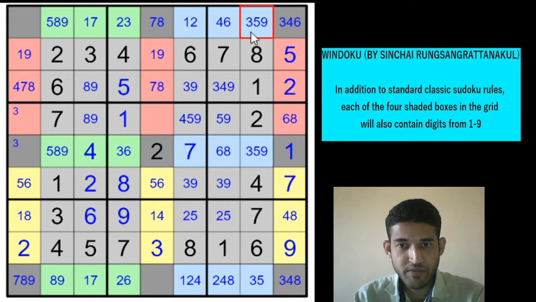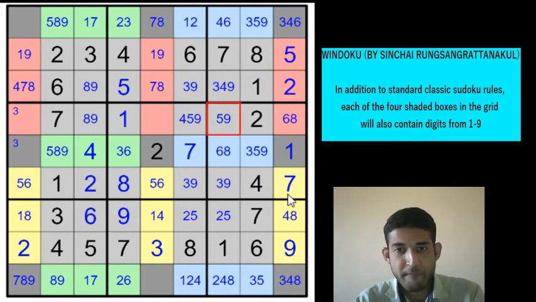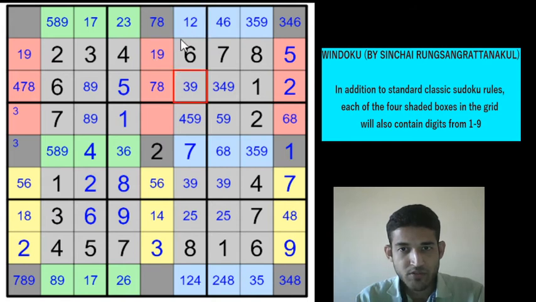Three, 5, 7, 9 have been placed. So 6 and 8 are in these blue cells, which is not giving us any elimination. We have a quad here, so 2 will be in one of these two cells, which is again not giving us much information.